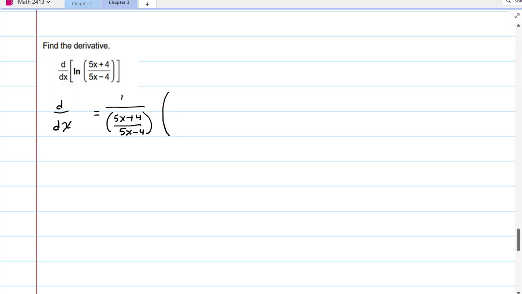And now we're going to do the quotient rule for that argument. I'll flip this over in the second movement. So I'm going to have a 5 times the bottom minus the derivative of the bottom times the top, all over the bottom squared.